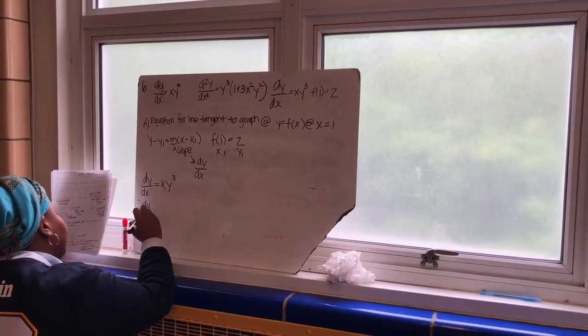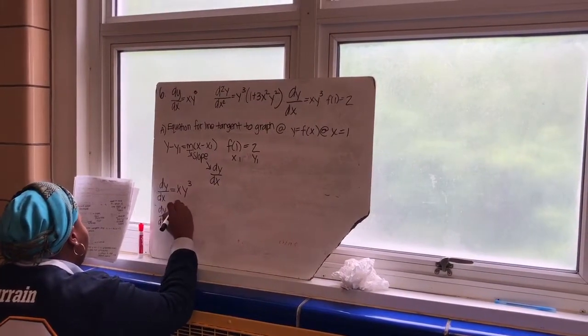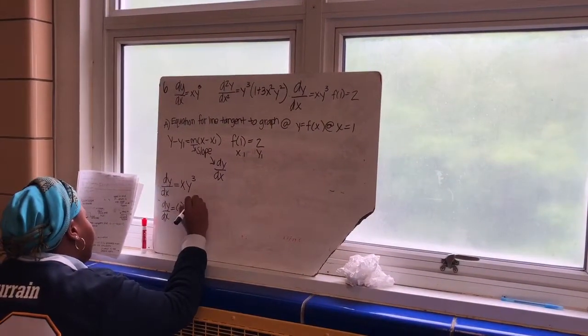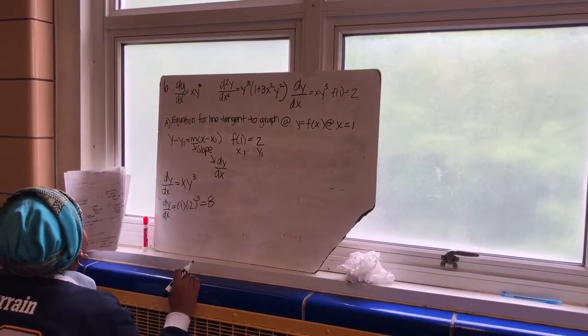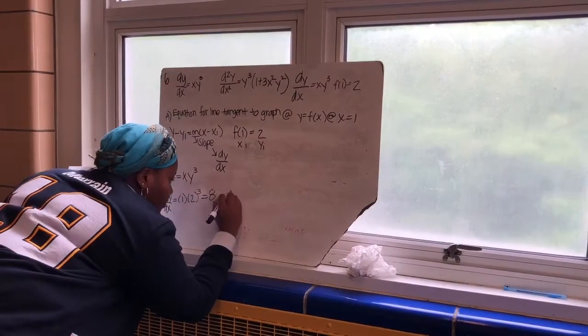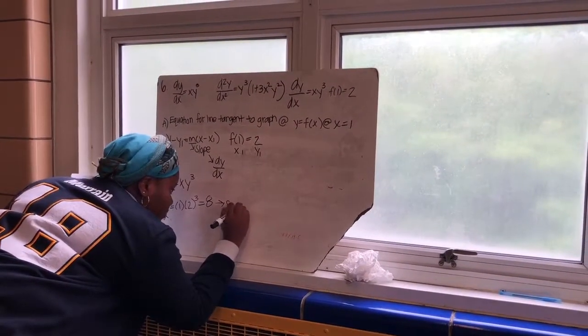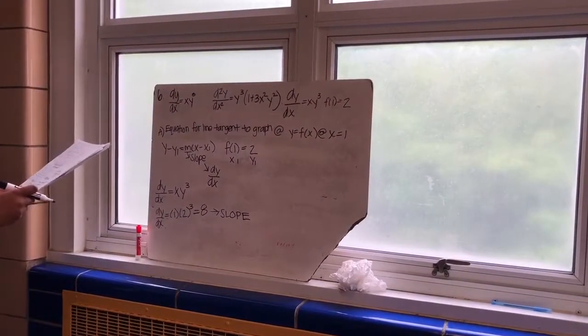Basically, you just plug in the point into that so you can find the slope. Once you plug in 1 and 2, you'll get an answer of 8. So now that is your slope, which is your m for the point slope formula.